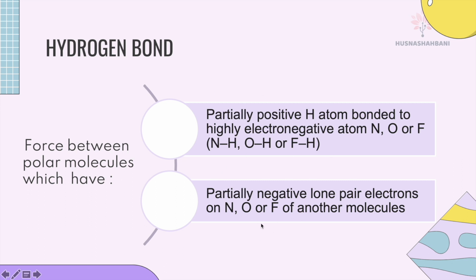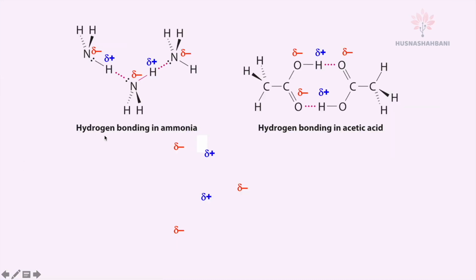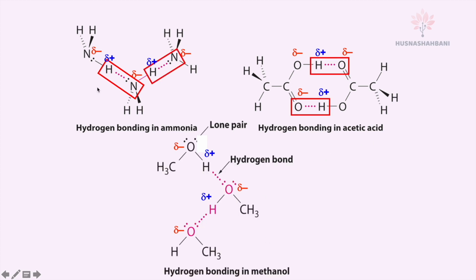And the second condition is partially negative lone pair electrons on N, O or F of another molecule. These are the examples for hydrogen bonding in ammonia, acetic acid and methanol.